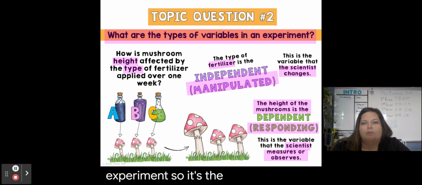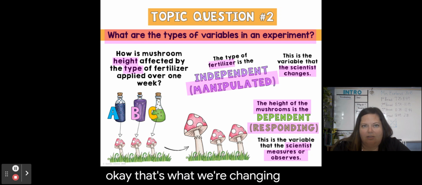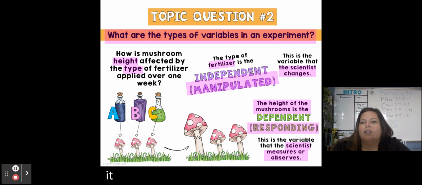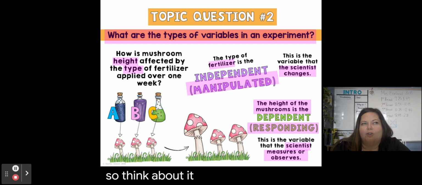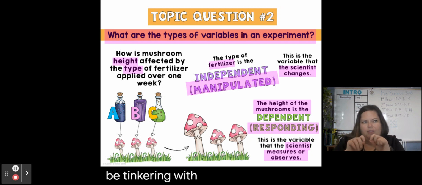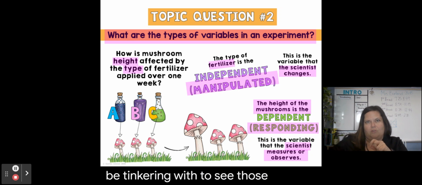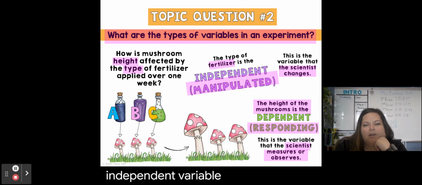It's the type of fertilizer. That's what we're changing. It is the cause of something. It is the variable that the scientist changes. So think about it like, if you're running an experiment, what are you going to be tinkering with to see those results? That's going to be your independent variable.